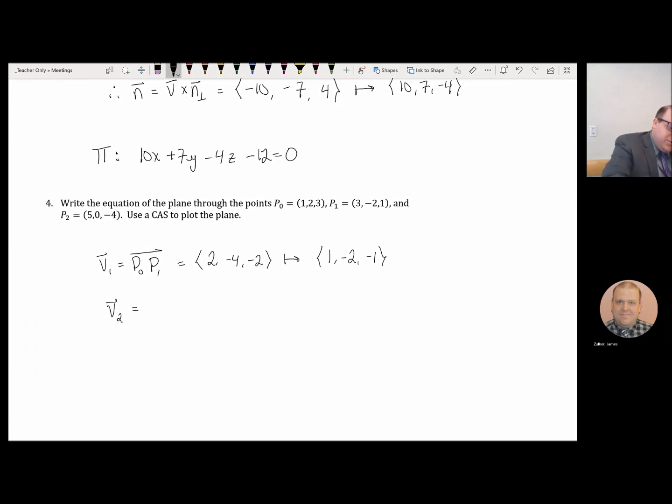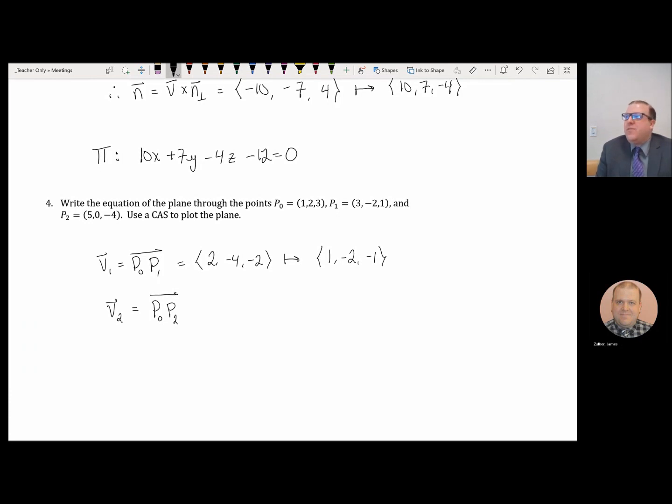For V2, I used P naught P2. You don't have to, right? You could have done P1 P2 or P2 P1. You could not have used P1 P naught.